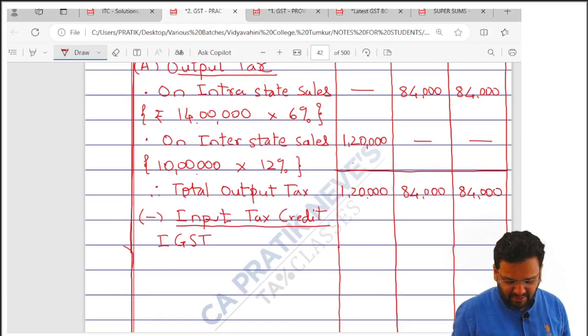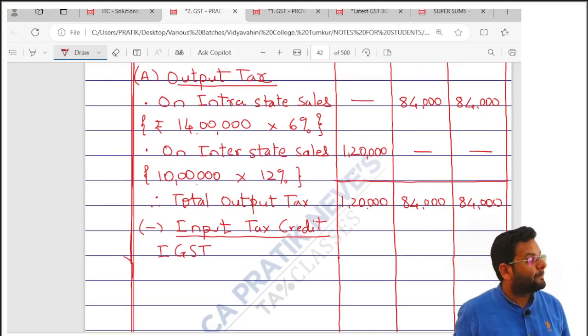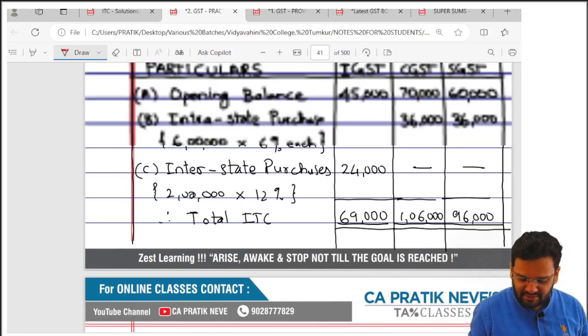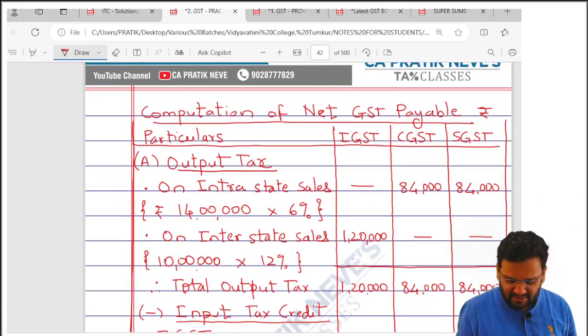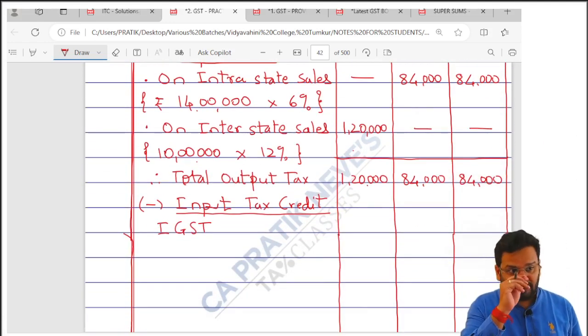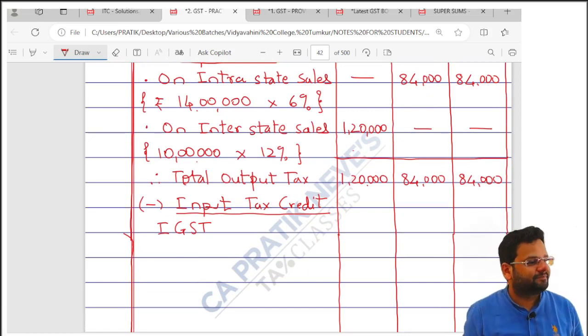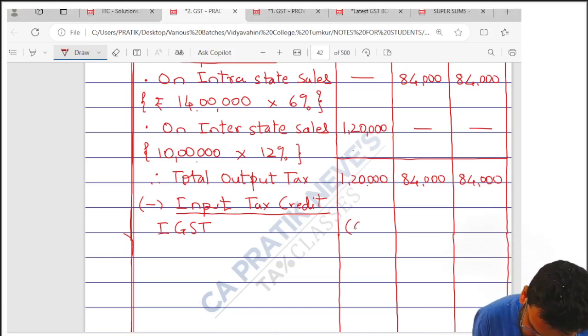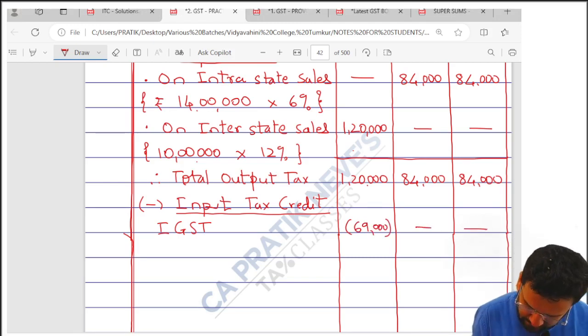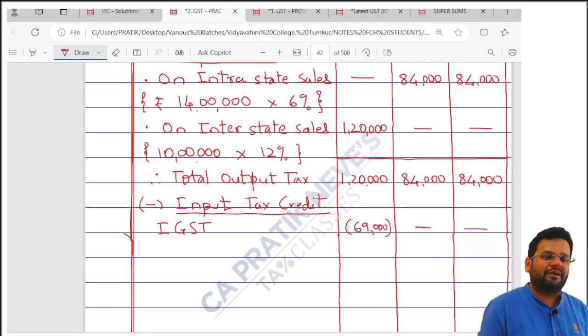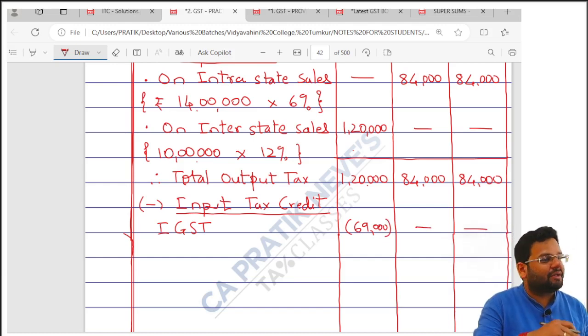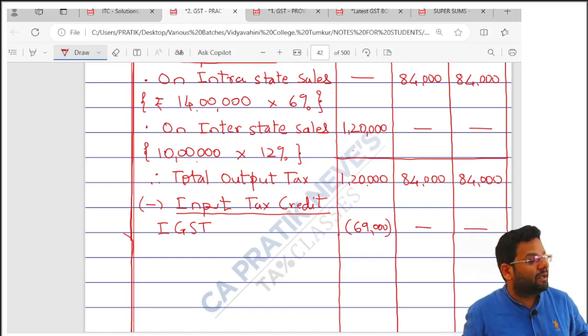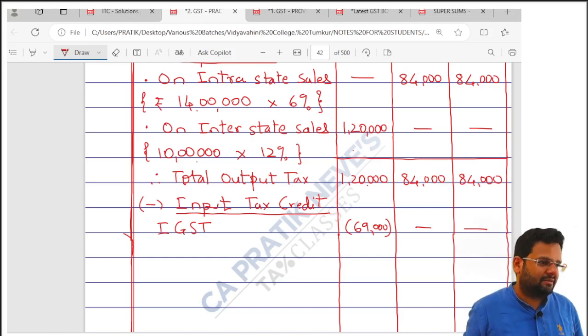So what is the ITC of IGST in total? 69,000. You will use that first to pay which tax? ITC of IGST is utilized to pay output tax of IGST. So please use it here, 69,000. There is no possibility of using it for anything else because ITC of IGST will get exhausted while paying output tax of IGST.